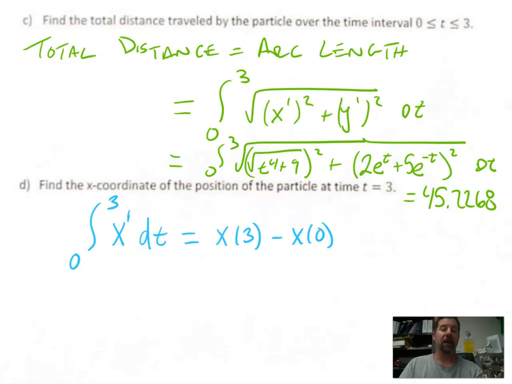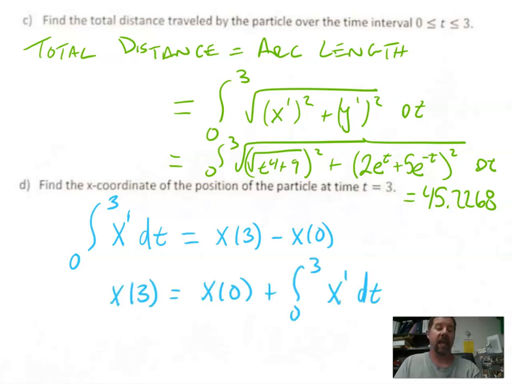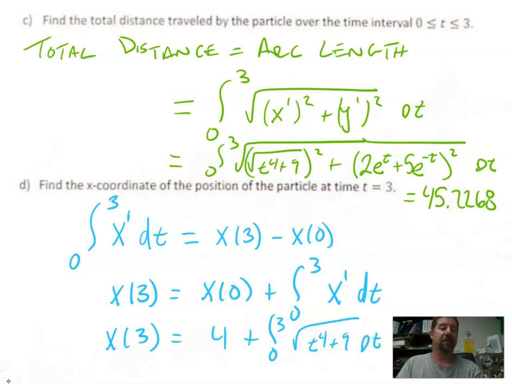So now I can solve for x sub 3. x sub 3 would equal x sub 0 plus the integral from 0 to 3 of x prime of t dt. That's my starting position plus the change in x over the time. I know the starting position was 4, and then I can integrate the derivative, and we get that our final position at time t equals 3 is 17.9307 when I use my calculator.